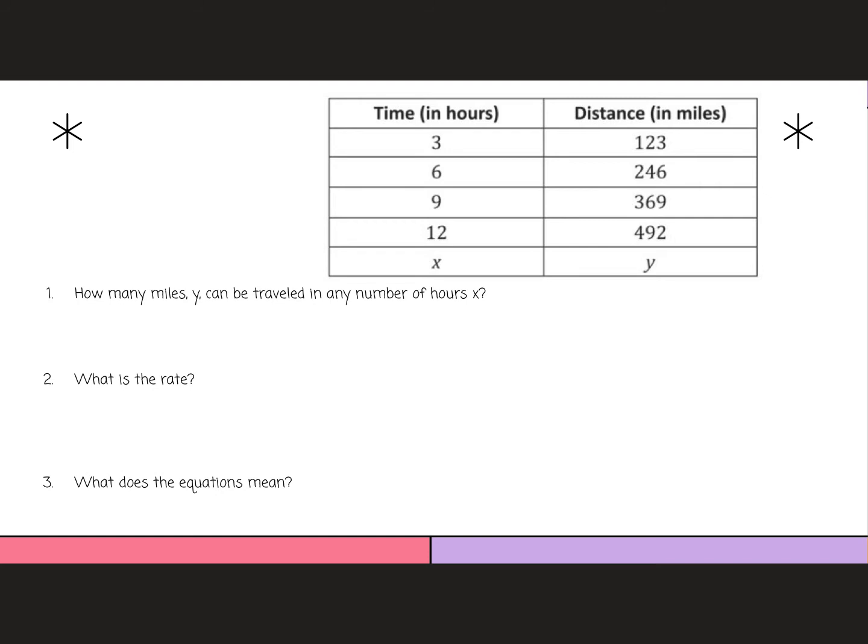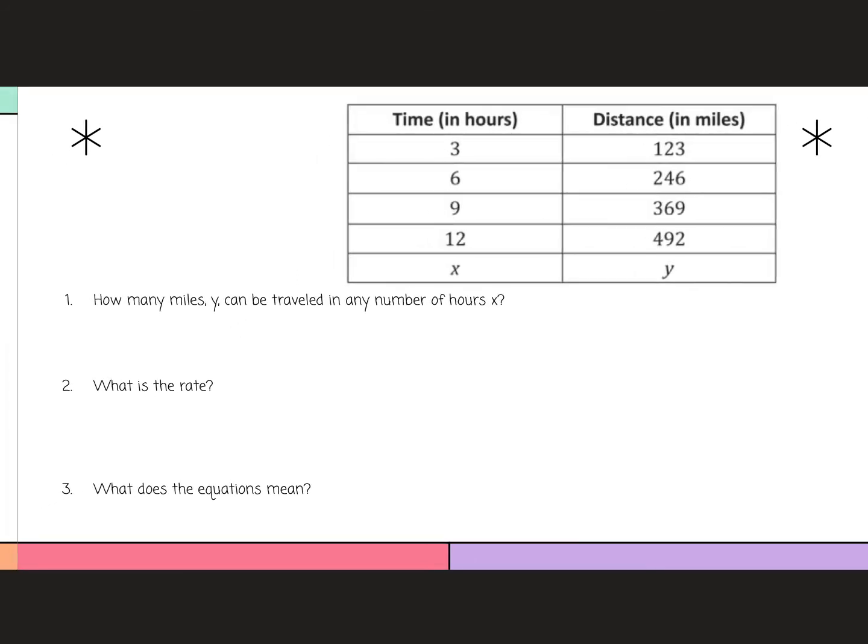We see that we filled it all the way in, but we don't know exactly what our x is and what our y is here. Based on the proportional relationship, we can use our values from the table. We'll just do y over x, so the distance in miles over the time in hours.